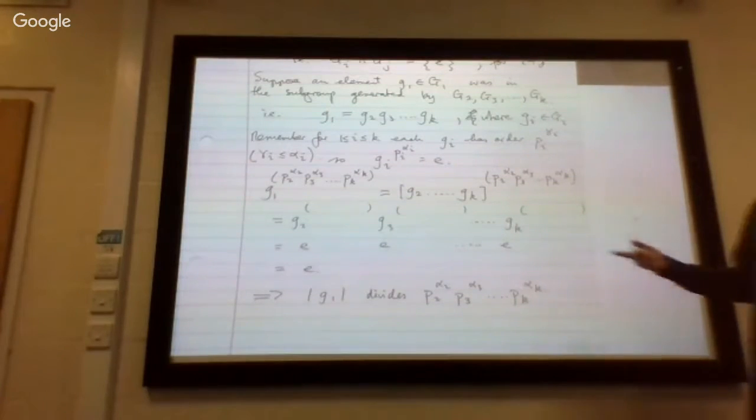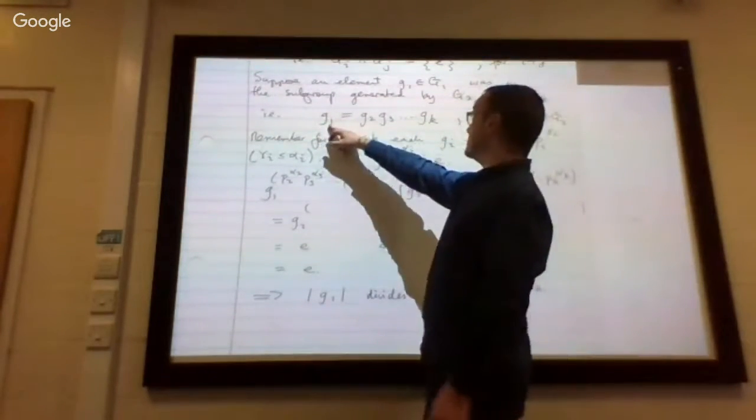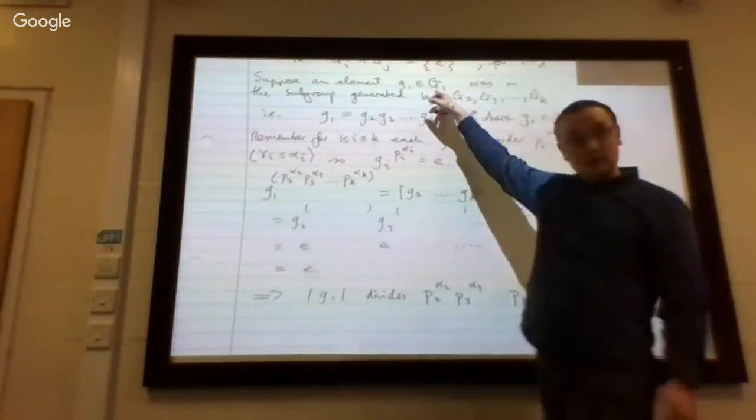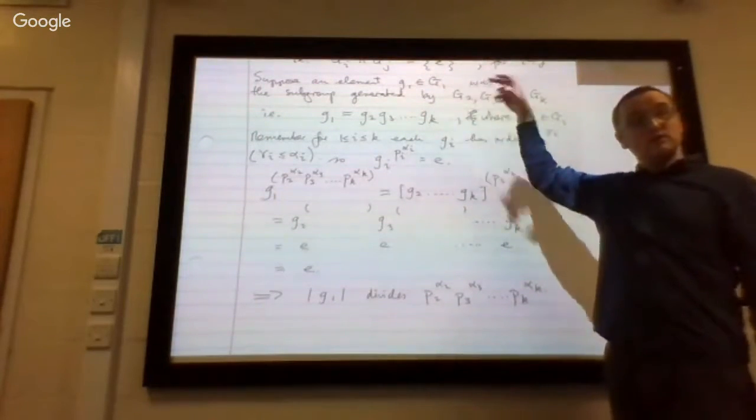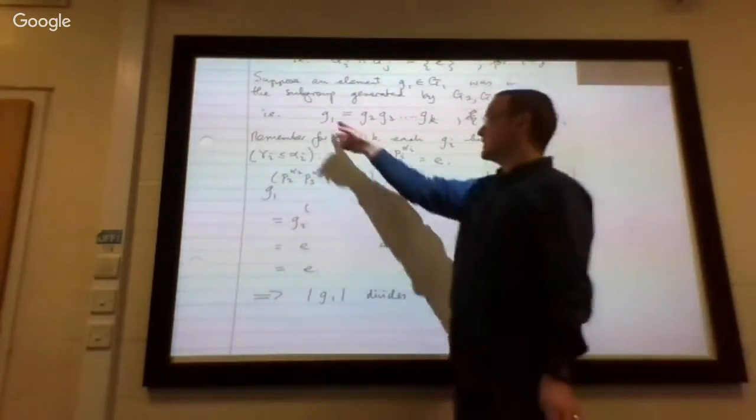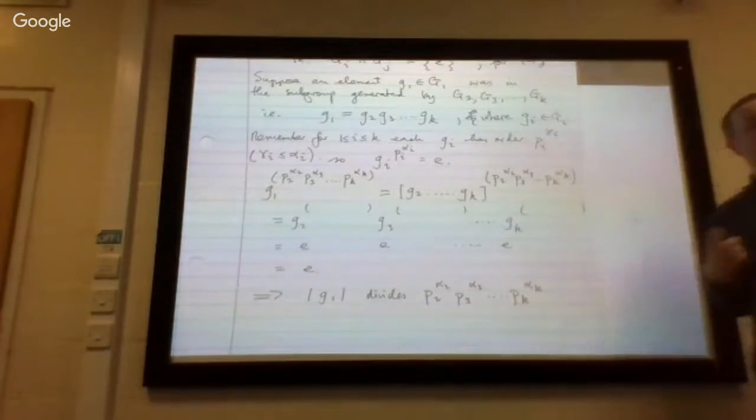But we already know, because G1 isn't any old element of G, it's a special one, it comes from the first primary component, that the order of G1 is some power of P1.